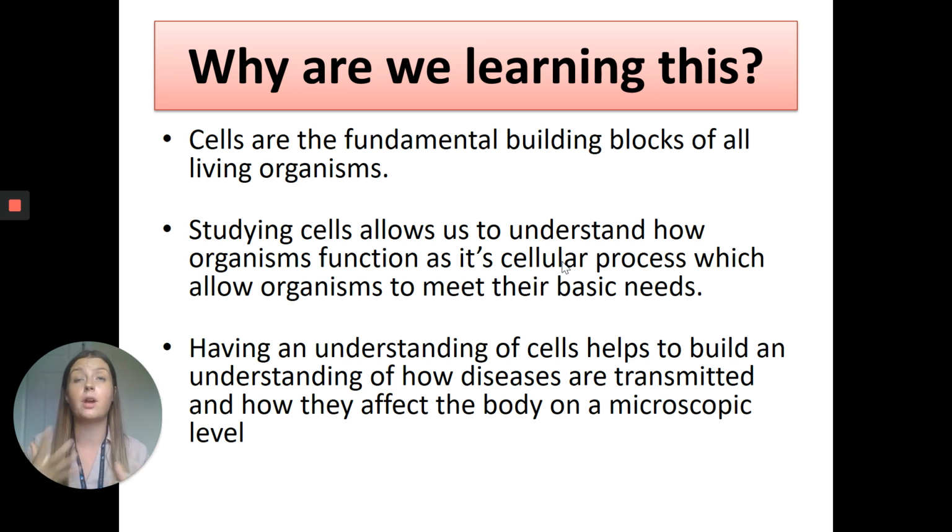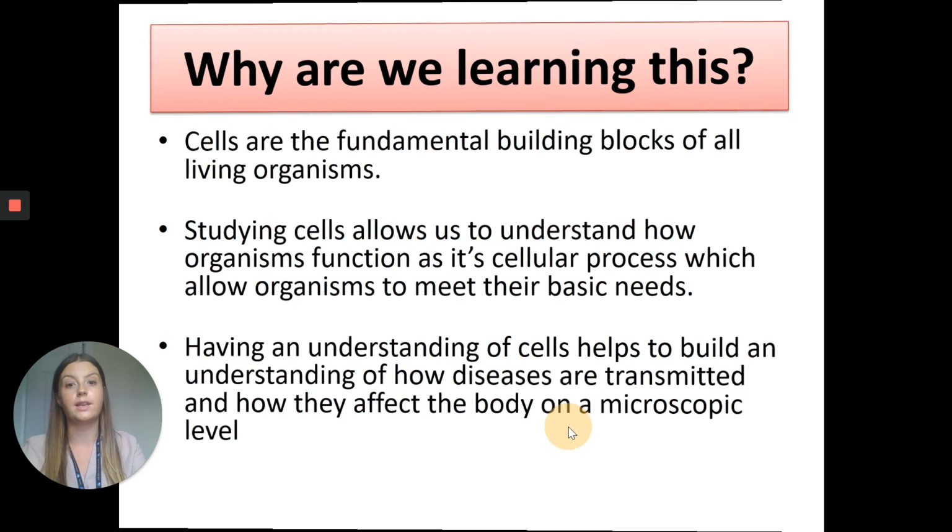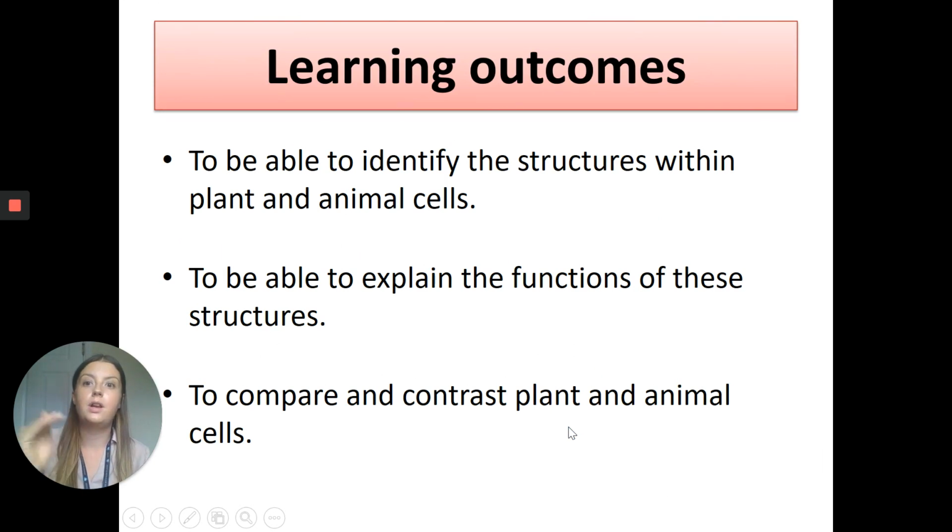So if we're thinking about COVID-19, it's been found that it interacts with a protein that's located in the cell membrane. Now, scientists will be able to start to think about, well, what drugs could we use to make sure that interaction doesn't happen and to prevent it? And then that's when we get to a point where we've got the vaccination that we're all looking forward to hopefully getting.